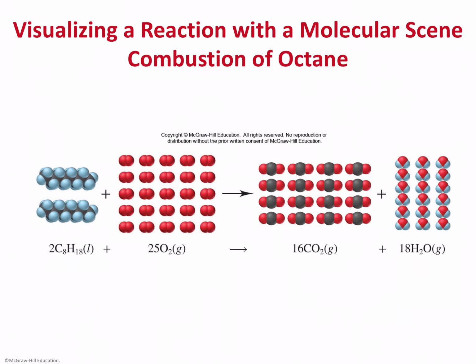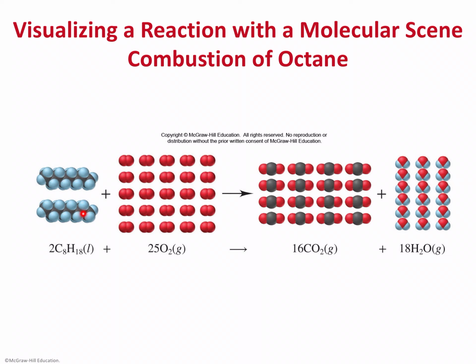Okay. Now we can visualize the reaction we just did with the molecular scene. There were 2 octane molecules, C8H18. These black atoms are your carbons, and the blue ones are your hydrogens. So there are 2 molecules of octane and 25 oxygen molecules, O2. These 25 O2 molecules go to form 16 carbon dioxide.